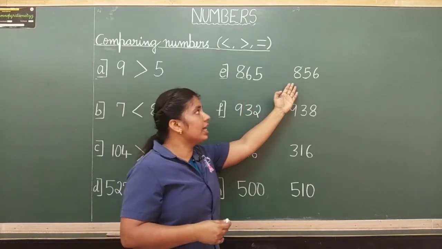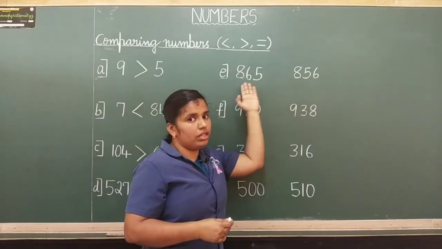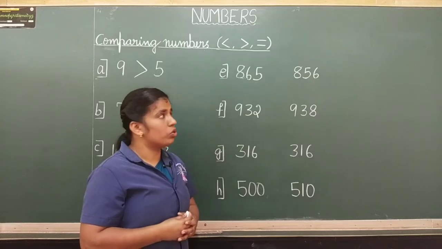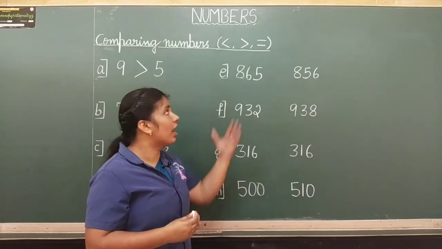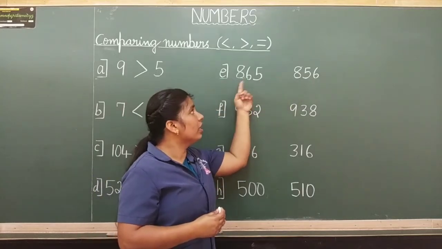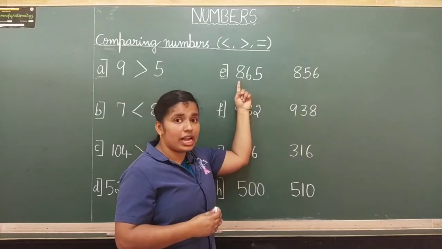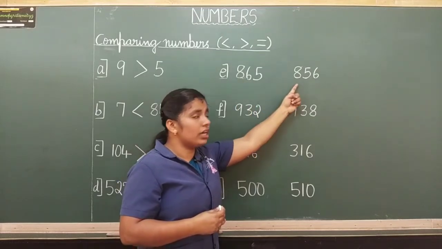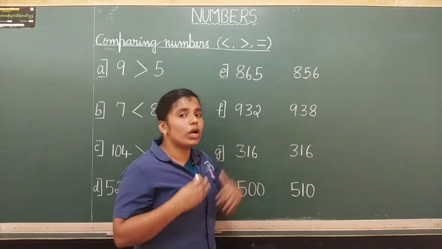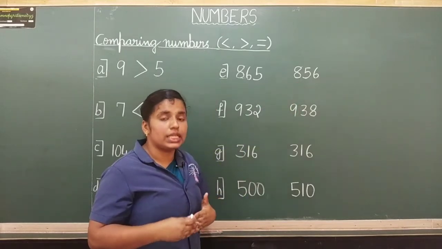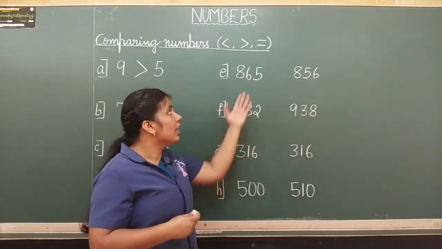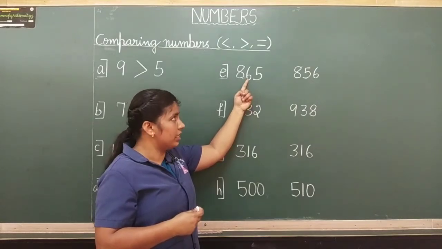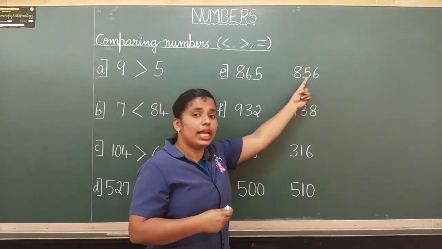865 and 856. These both numbers are 3-digit numbers. If you start comparing the hundreds place, in both the numbers the hundreds place is the same. Here we have 8, here also we have 8. So, what do we have to do? We have to see the next place, that is the tens place. In the tens place we have 6 here and 5 here.